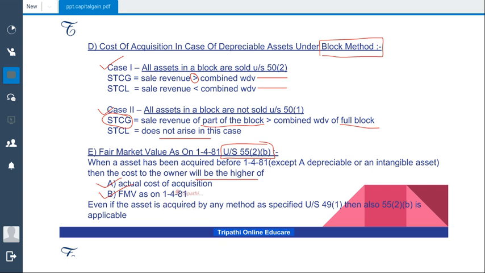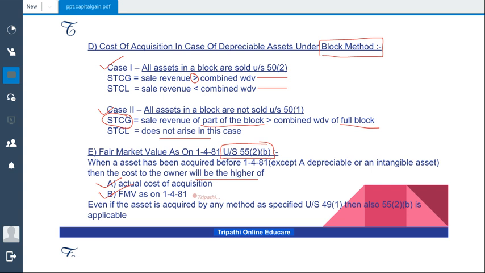Then in such a situation you don't have CII, cost inflation index. Then government says that you can compare your actual cost of acquisition which you have bought before 1981 with the fair market value as on 1/4/81 and consider your cost on whichever is higher.